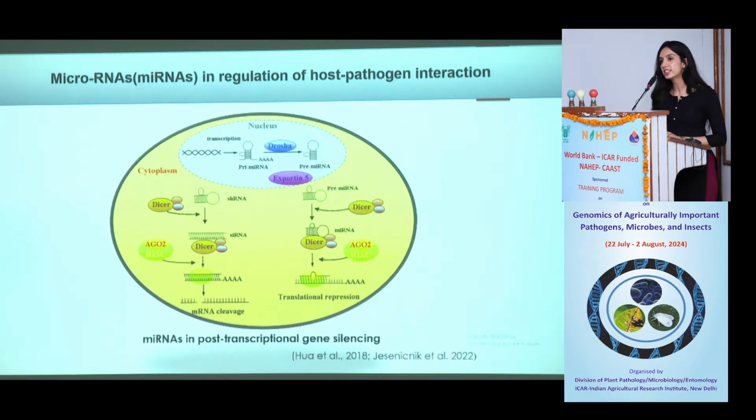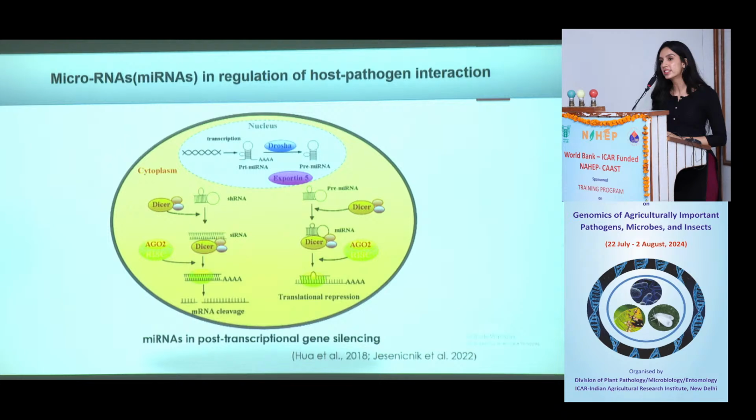MicroRNAs, on the other hand, what are these? MicroRNAs are endogenously synthesized small RNAs. Endogenously, in the nucleus, they are synthesized from the pre-miRNA genes. These pre-miRNA genes inside the nucleus are acted on by different enzymes, producing pre-miRNAs containing a preliminary stem loop structure.